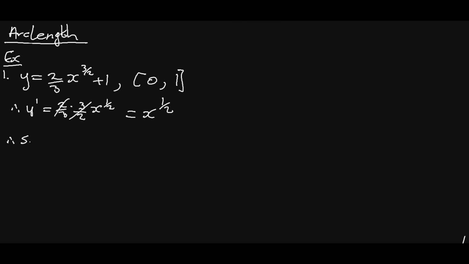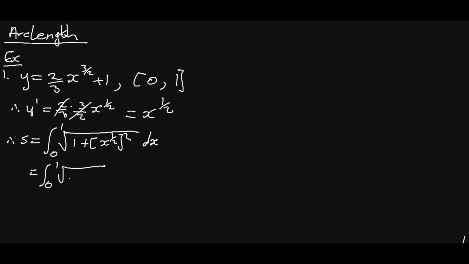Right, so s is equal to the integral from 0 to 1 of the square root, as the formula tells us, of 1 plus the derivative x to the 1 over 2 raised to power 2, with respect to x. So this is equal to the integral from 0 to 1 of the square root of 1 plus x dx.